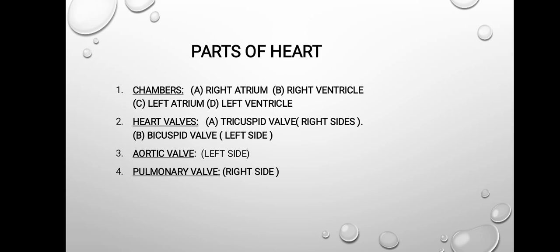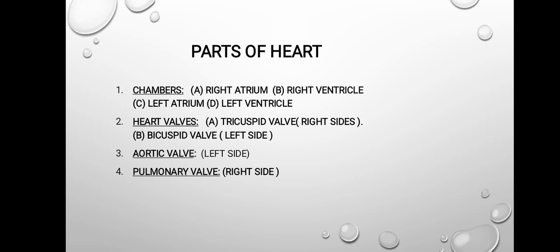Apart from this, there are valves present inside the heart. The tricuspid valve is present on the right side between the right atrium and right ventricle, which permits blood to flow from the right atrium to the right ventricle. That's why it is called the tricuspid valve. And the next one is the bicuspid valve.